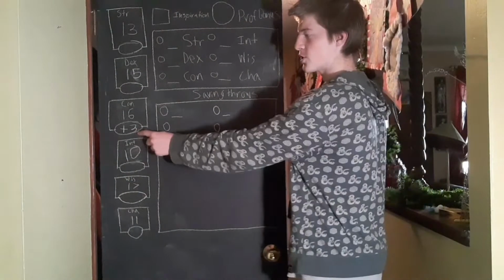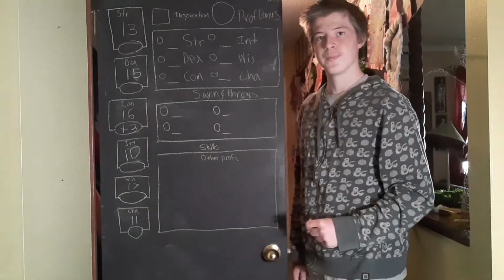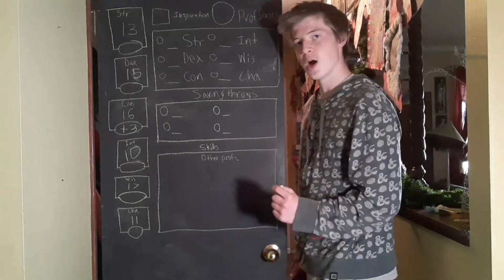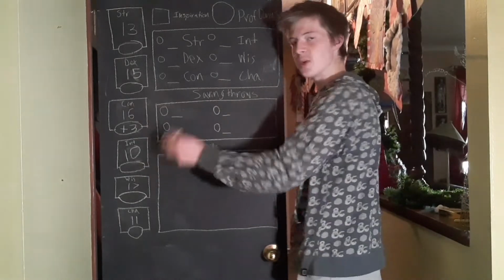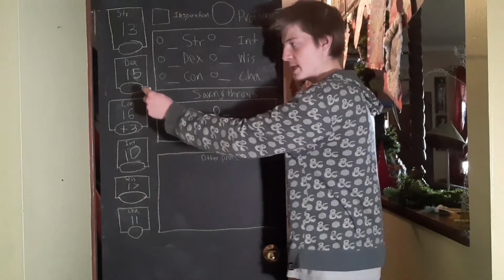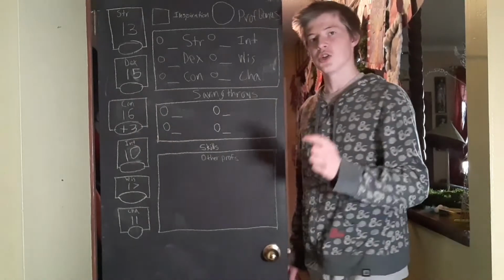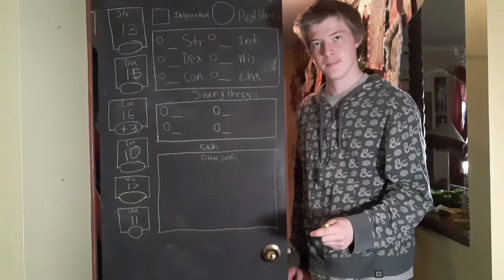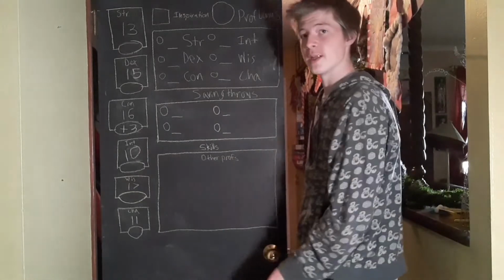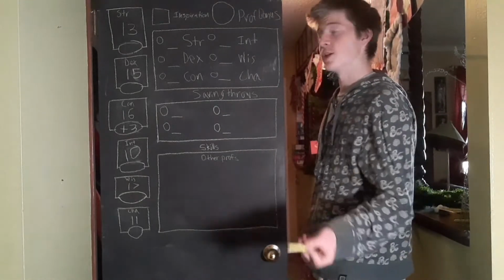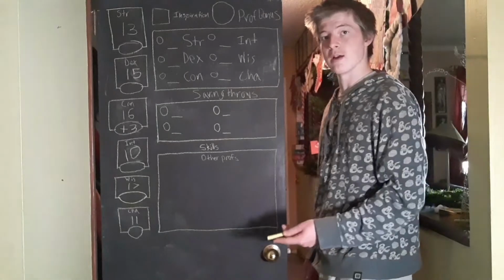And we put it in the little circle below the main number. And if you put the positive one up here, and put the ability score modifier up here, and the actual score down here, you're a psychopath. But you do you. So, I'm going to real quickly go through and do every single one of these, because I've memorized all these by heart, because I've played for a long time.